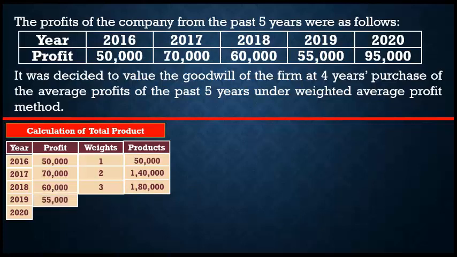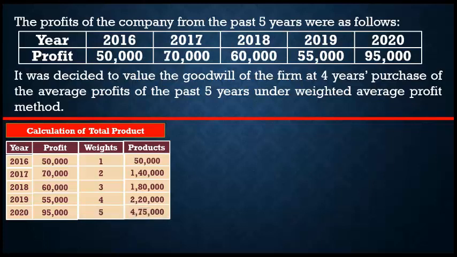Fourth year, 2019 profit 55,000, fourth year weight 4. 55,000 into 4, 2,20,000. 2020 profit 95,000, weight 5. 95,000 into 5, how much rupees? 4,75,000.